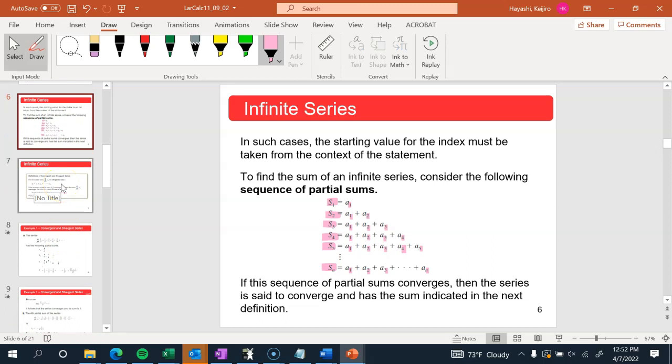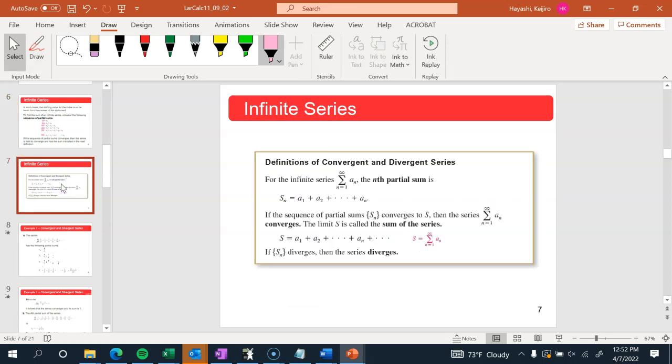We'll be making up lists of partial sums, and you don't necessarily have to worry so much about remembering this definition. No one's going to ask you to define what the convergence of a series is.